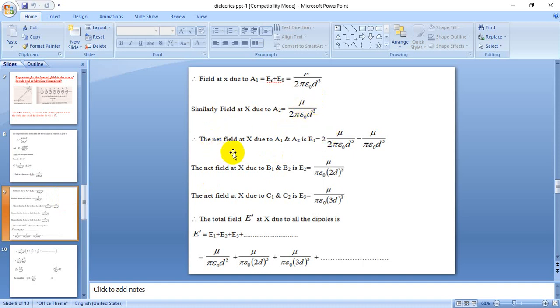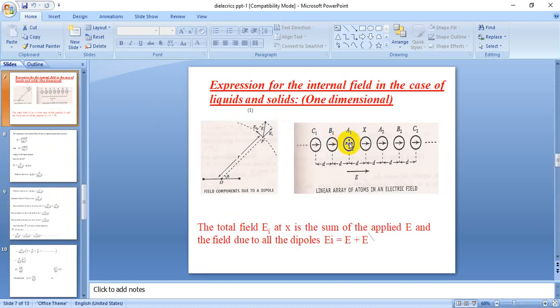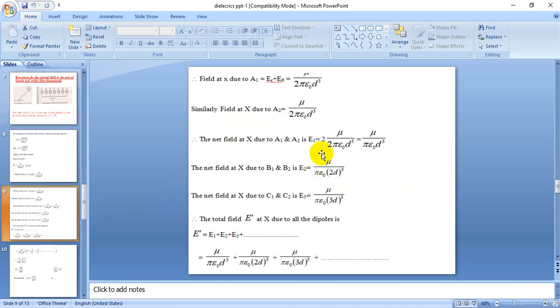Now we need to write the net field at X due to A1 and A2. Initially the field at X due to A1 and the field at X due to A2. Now the net field at X due to A1 and A2, both we are going to consider. So what will it come to?